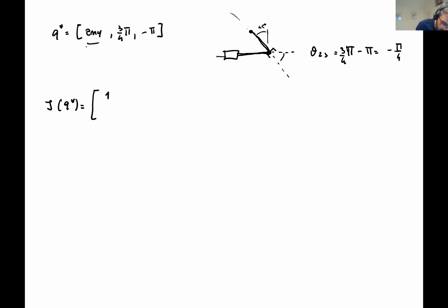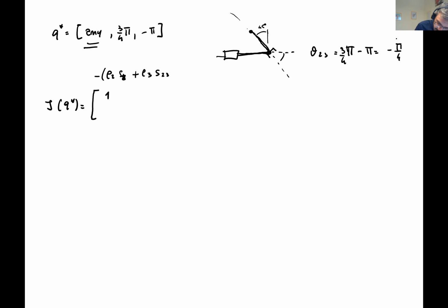That's why we put arbitrary, because you will see in the Jacobian there is no q1 variable. So we have 1, and then in essence minus L2 sine of 2 minus L3 sine of 2, 3.